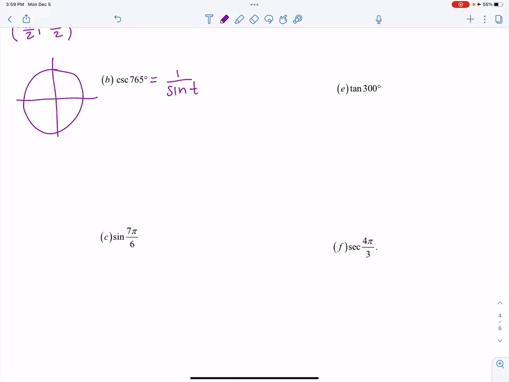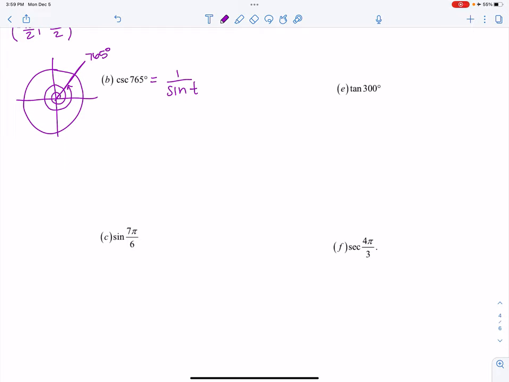Well, think about how many degrees it takes to get around the circle completely one time. That's right, 360 degrees. So if we wanted to find 765 degrees, we would be going around, and we would keep going around, and we would actually land right here. 765 degrees, which is our big 45.